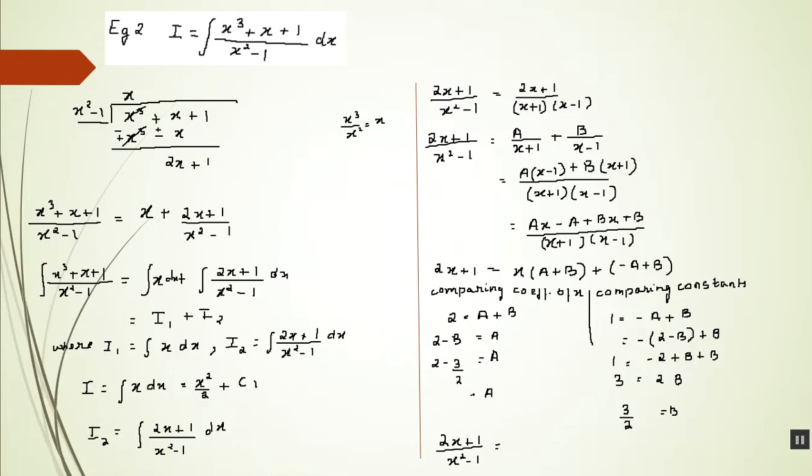Therefore, a is equal to 1 by 2. Right? So, I'll get 2x plus 1 by x square minus 1 is equal to a by x plus 1. So, a I have 1 by 2 by x plus 1 plus b by x minus 1. So, I'll get 3 by 2 by x minus 1. Right? Now, I'll go to the next page.